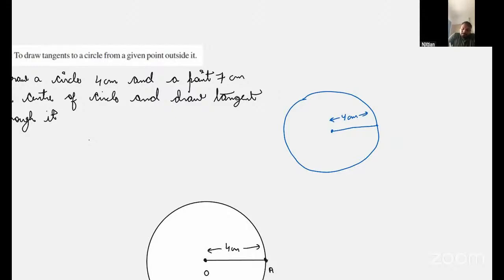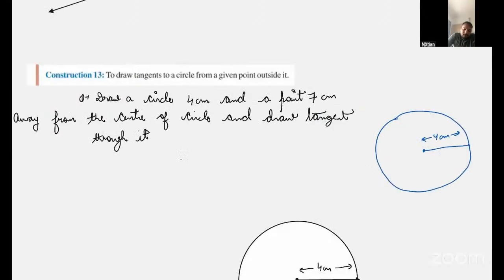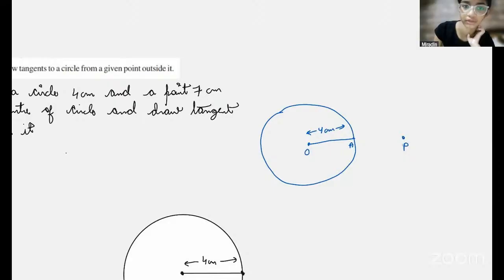Okay. So make a circle of 4 centimeter. Now, Miracle, you tell me. This is a point outside the circle, which is 7 centimeter from the center. This is O, the center of the circle. This is the point A. The point P is outside the circle. So what is the AP distance?